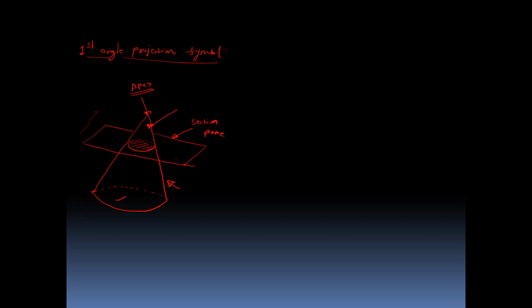Okay, so once we remove this upper part above the section plane, then we will obtain the geometry like this. So this is the remaining geometry.